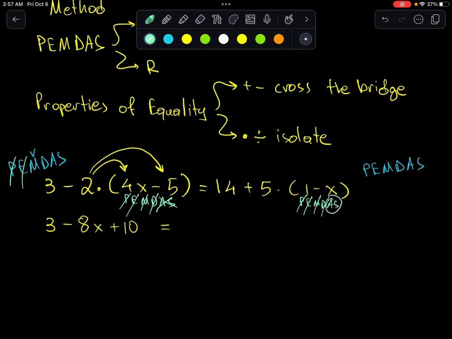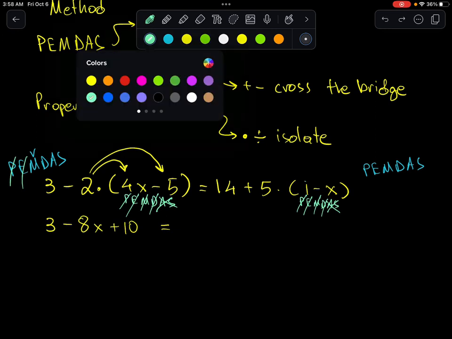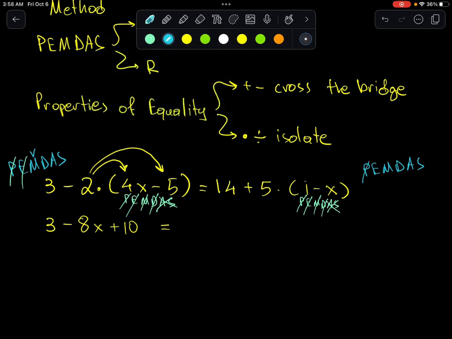No. Addition, subtraction? Yes, I have a subtraction. But 1 and x are not like terms. This is a constant term, this is an x term. They can't be combined, and therefore I can't do anything inside the parenthesis, so I'm going to move on to the outside PEMDAS, the external PEMDAS.